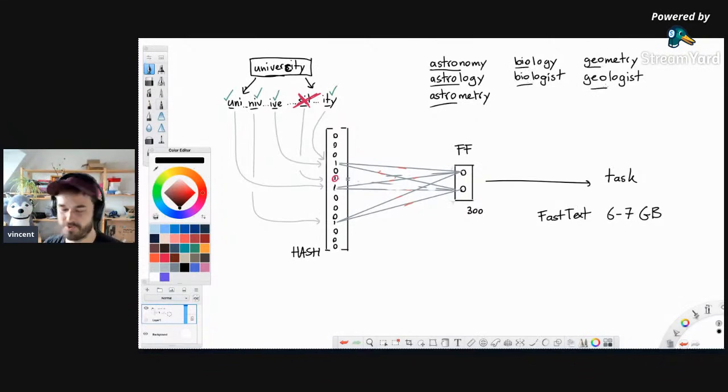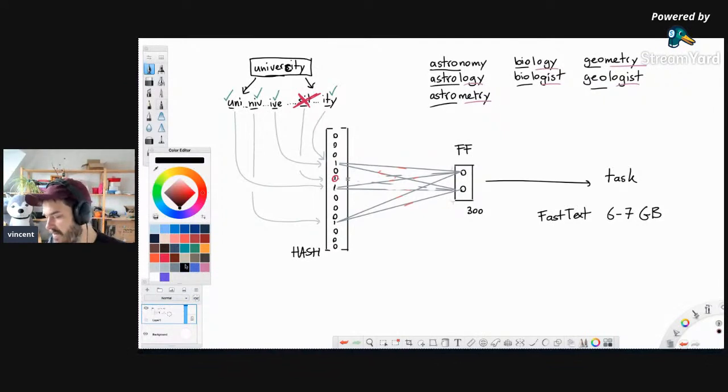And geo has to do with the study of the earth. And if the end of the word has something like ology, then it sounds like, oh, that's the study of something. If it has metry, then it's about the measuring of something. And if it ends with gist or ist, oh, then it's about the profession or the person doing the study.